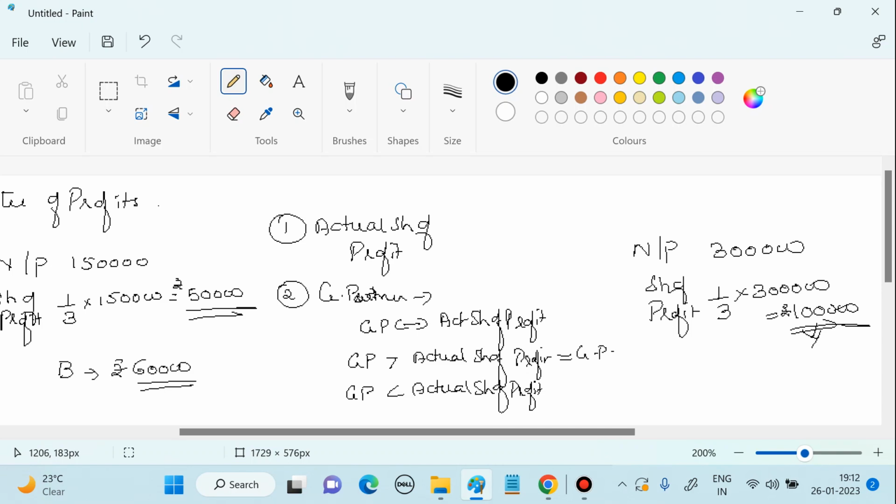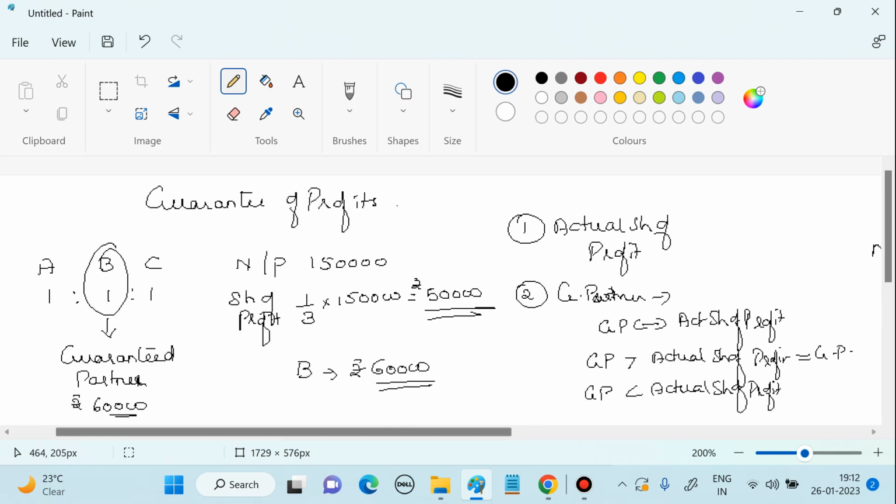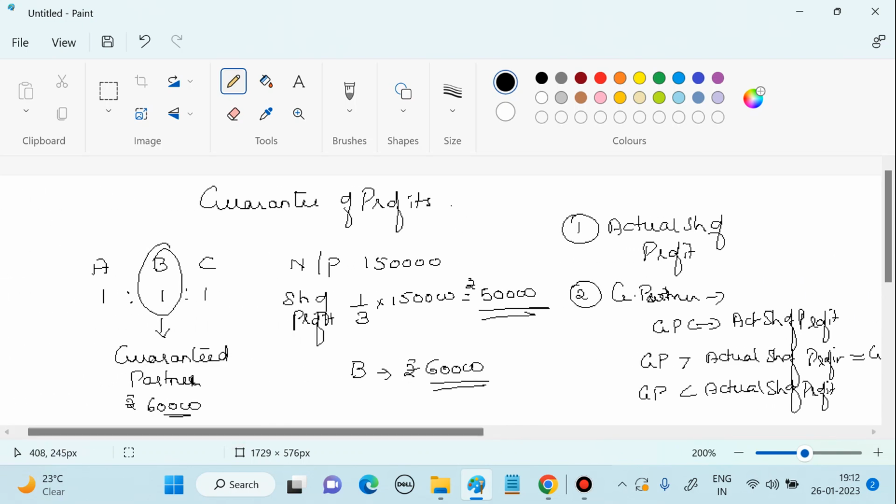Yes. Can you explain the previous one again? This one? Yes. Okay. So in a particular year, say 2019, this particular firm of A, B and C had a net profit of 1,50,000. The profit sharing ratio of the partners was 1:1:1.